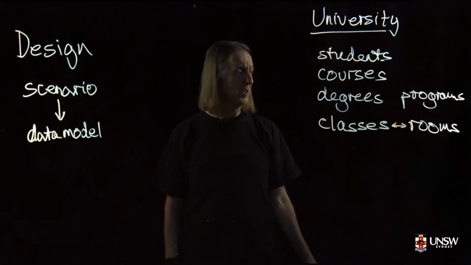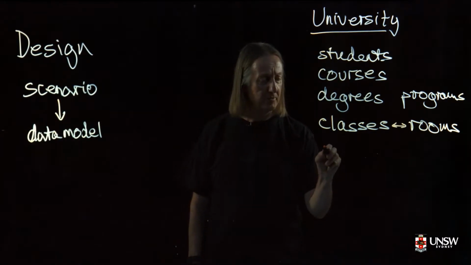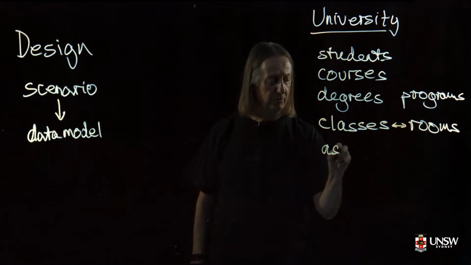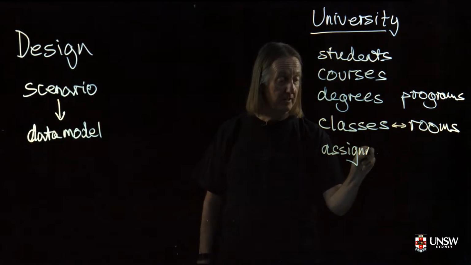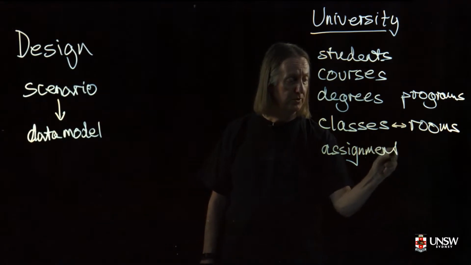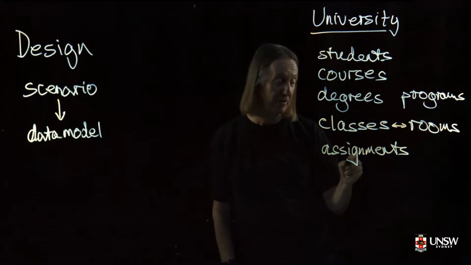Other things that we might be interested in. At the moment, UNSW is working on a system to keep track of assignments in individual courses. At the moment, we do it our own way.